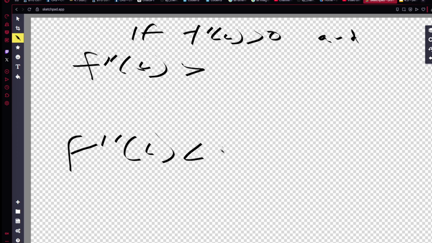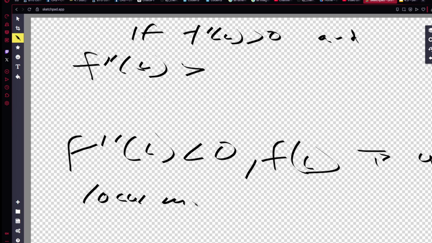If f double prime of c is less than 0, f of c is a local max; if it's greater than 0, local min. So again, just opposite in signage, f double prime of c greater than 0 means that the right side is positive and the left side is negative.